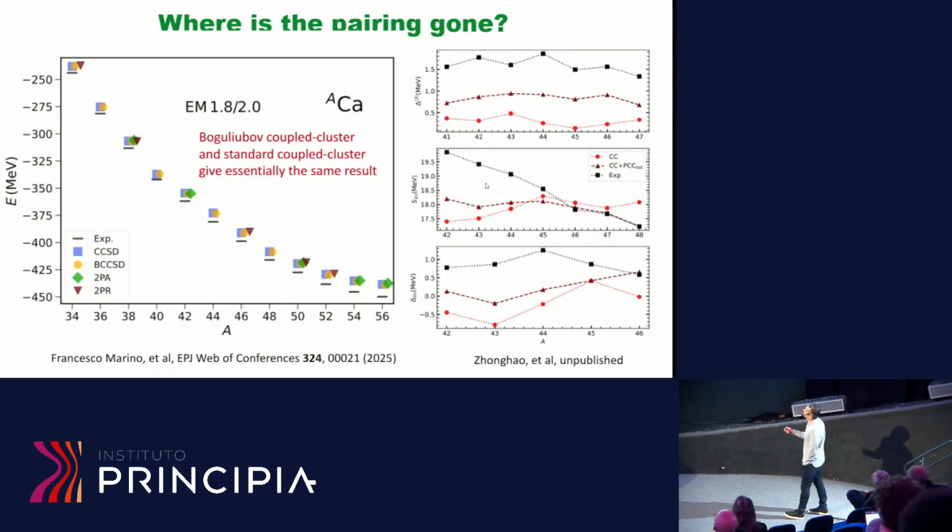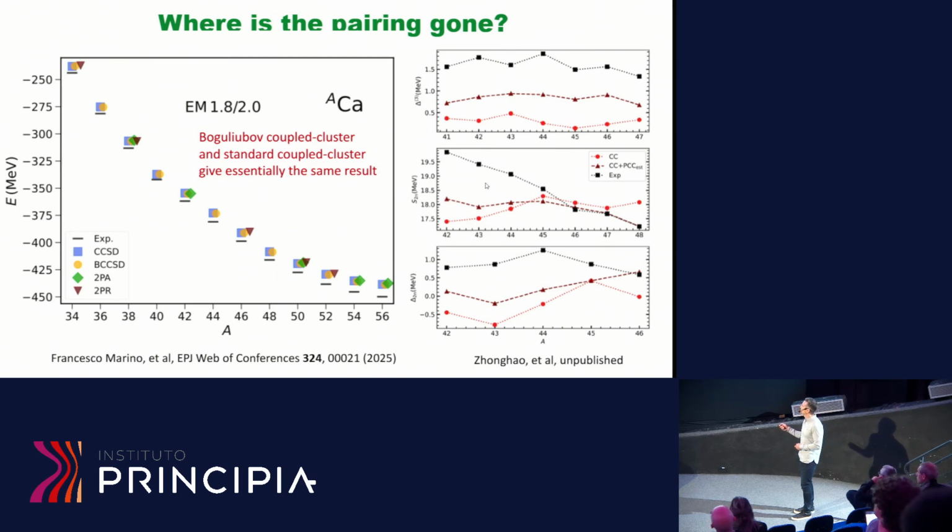And we also computed the binding energy of calcium here using different truncations: coupled cluster singles and doubles based on a deformed reference state. We also have Bogoliubov coupled cluster, which basically breaks particle number as a symmetry, and then you expand on top of a broken particle number reference state, a Bogoliubov state, and include correlations in coupled cluster.